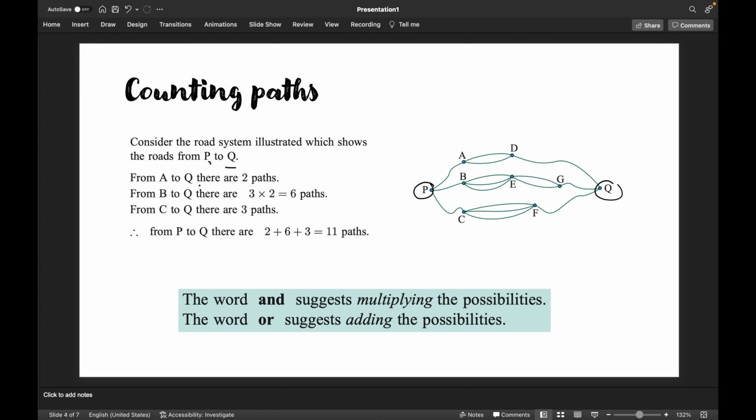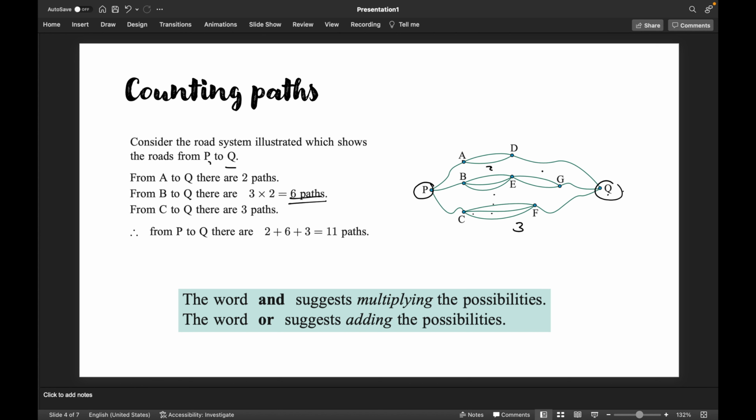From A to Q, there are 2 paths, 1 and 2. And from B to Q, this is the counting principle, the product rule. So this is going to be 3 into 2, which is 6. So 6 ways. And then from C to Q, there are 3 paths, 1, 2, 3.